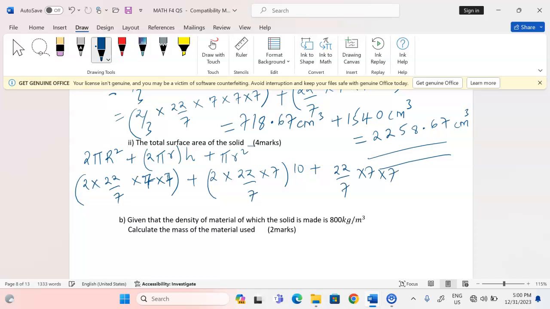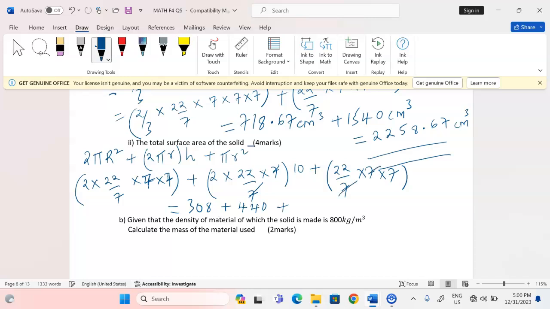So we can now carry out the multiplications before we add. 2 multiplied by 22 multiplied by 7 by 7, then divided by 7. This gives us 308, the hemisphere, plus this is going to be 44 because 7 cancels here, then by 10, which is 440.